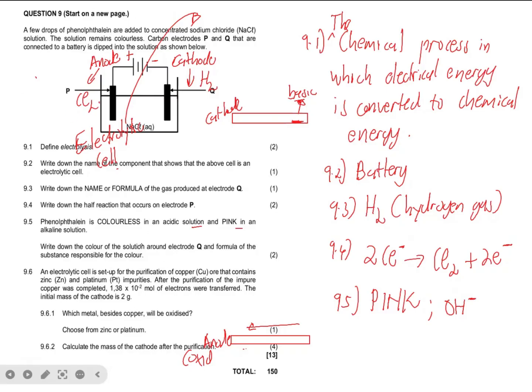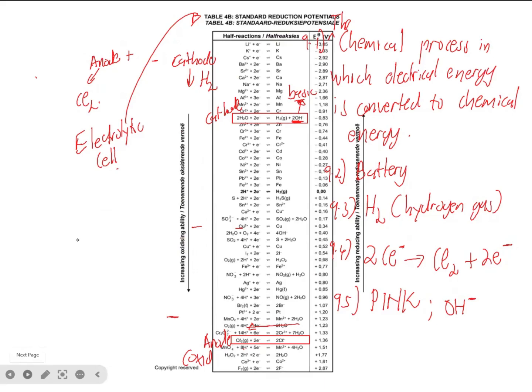Which will be oxidized? Now, if we are looking for something that will be oxidized, obviously, we are looking for something that will be a stronger reducing agent. So between platinum and zinc, let's see. So where is platinum? So we have zinc here, and then platinum has to be somewhere below.